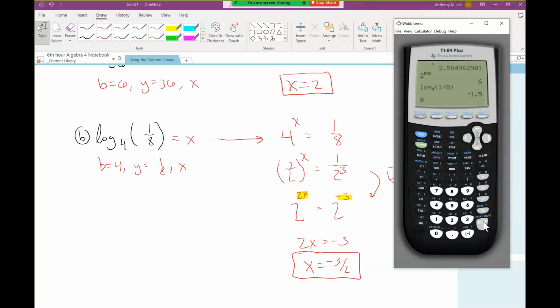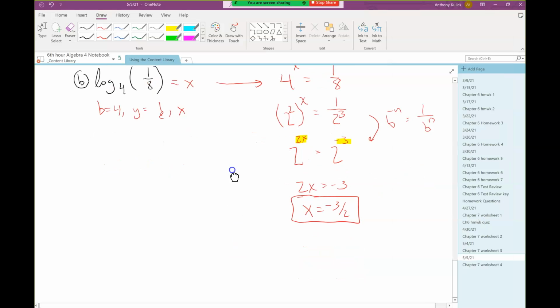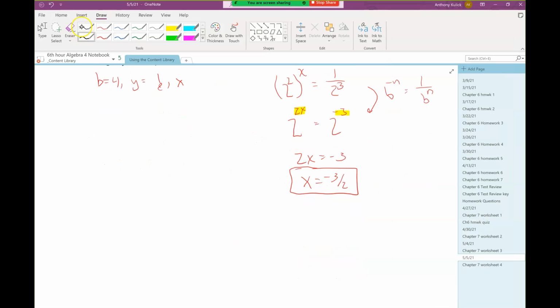But yes, I fully admit that this is a problem you can do on your calculator. You should check on your calculator. There's no reason not to do that. But we should also be able to do the algebraic manipulation to get there.